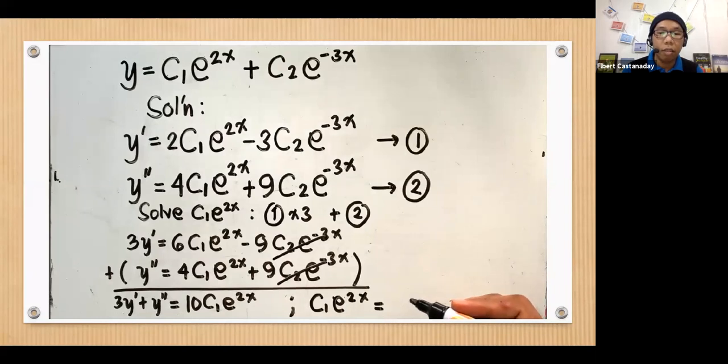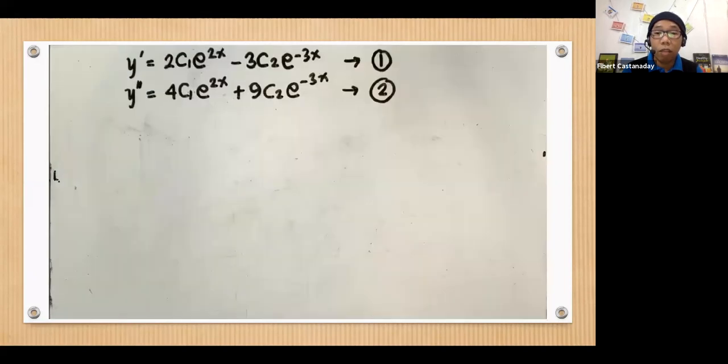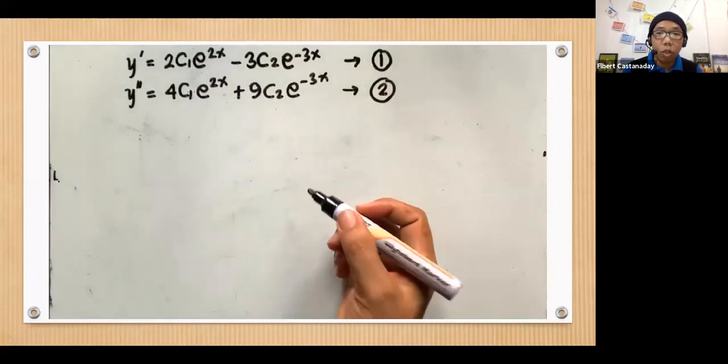So you have 3y prime plus y double prime all over 10. This is the value of c sub 1 e raised to 2x.